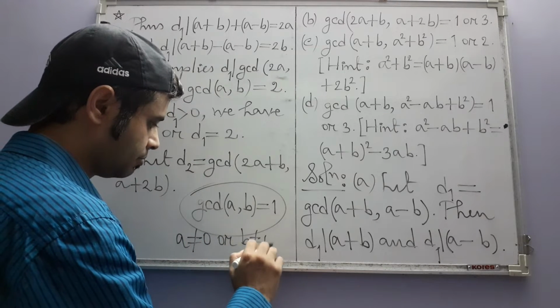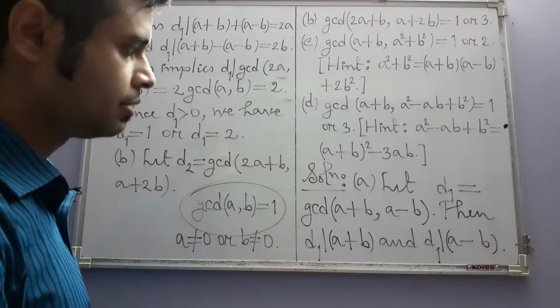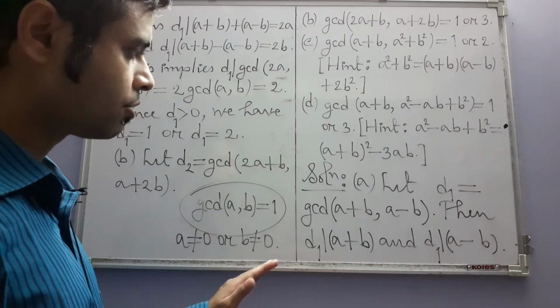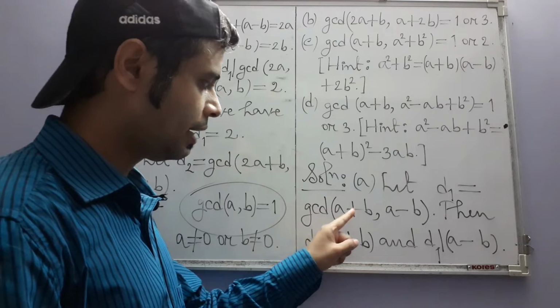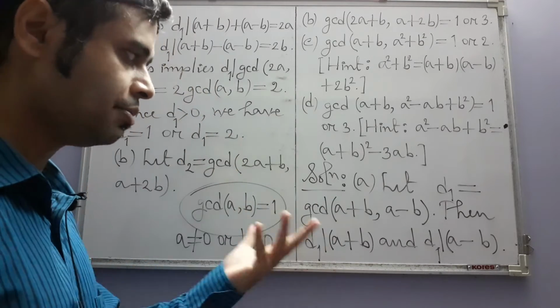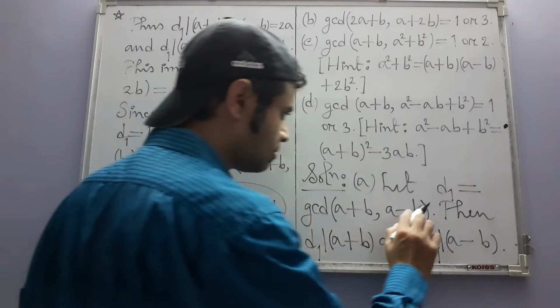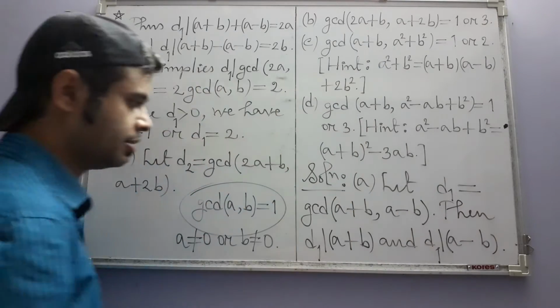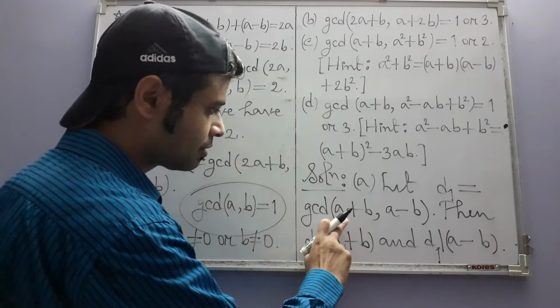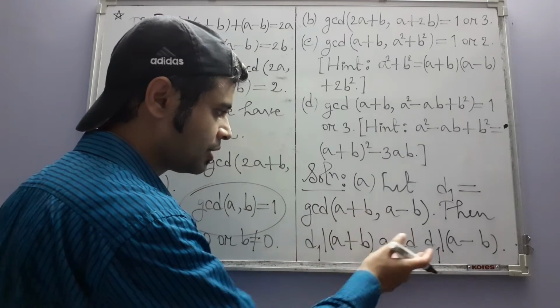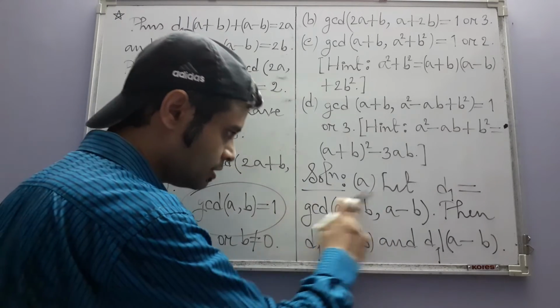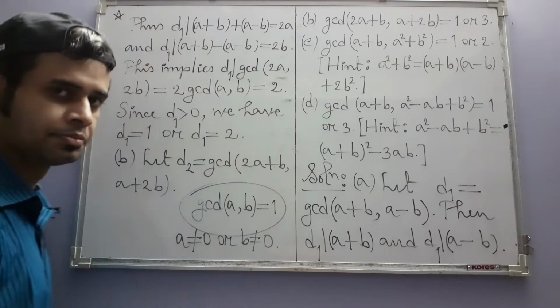From that, one has to conclude that a plus b and a minus b cannot be simultaneously 0, because if they are both 0, then the GCD does not exist.